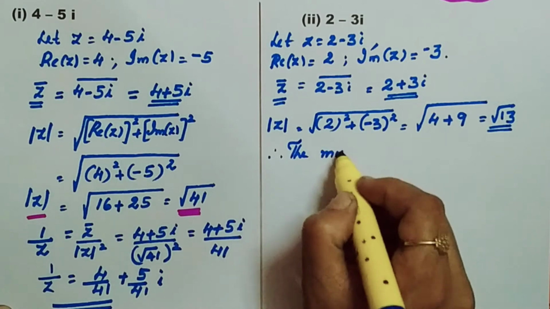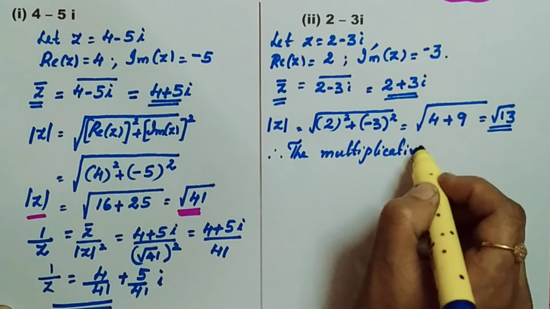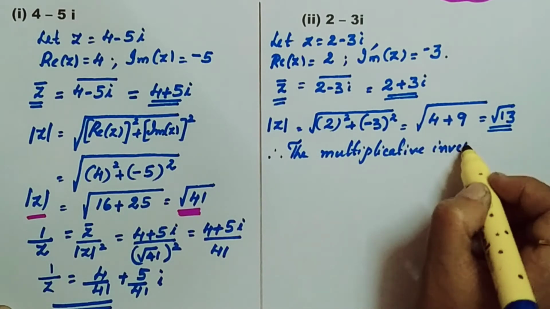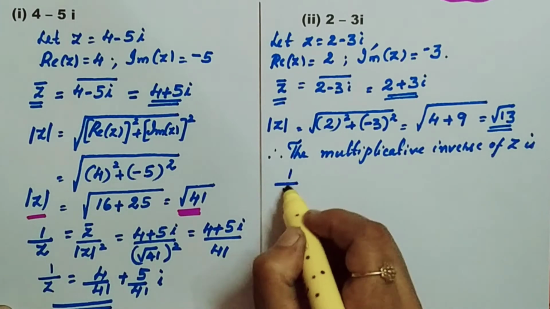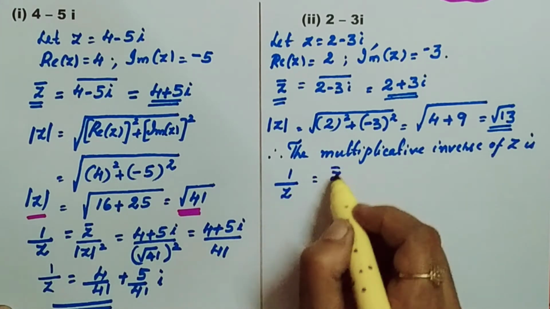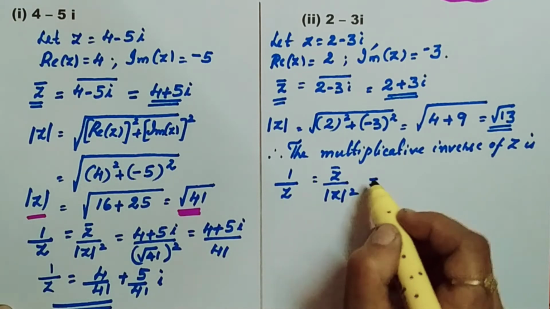Therefore the multiplicative inverse of z is 1 by z. The formula is z bar by mod z square. What is z bar?